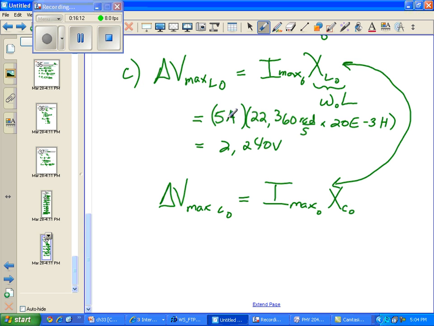Since we are multiplying X_L or X_C by 5 amps, we should get the same voltage, 2,240 volts, canceling out the effect, because remember, it's one minus the other. Since they are equal, then essentially the capacitor and the inductor have basically canceled themselves out.